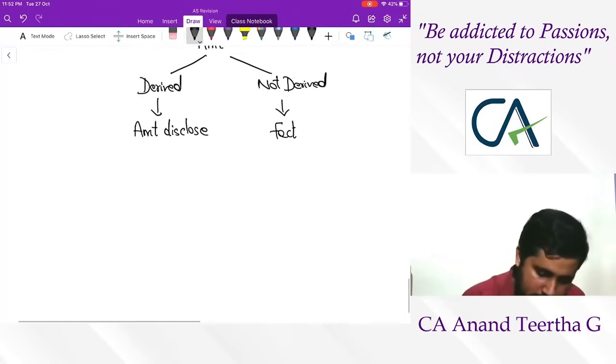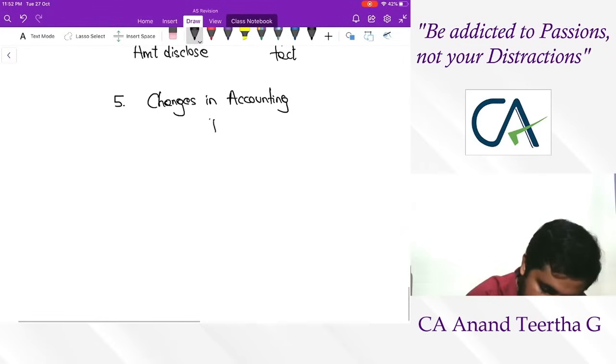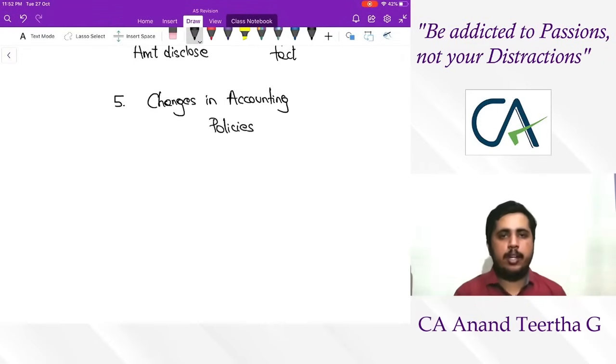The final classification, fifth one, talks about changes in accounting policies. Now, what do you mean by accounting policies? Basically, they are principle and method to apply such principle. This was covered in AS1.